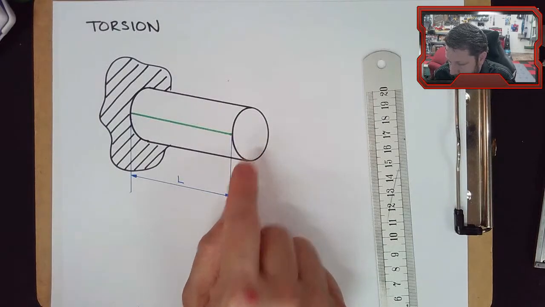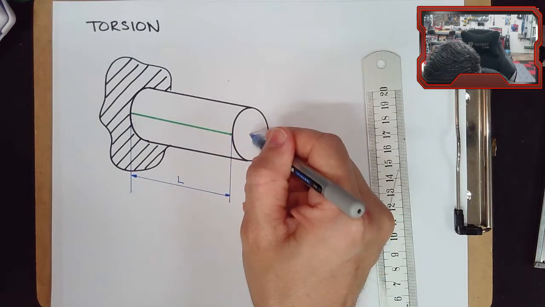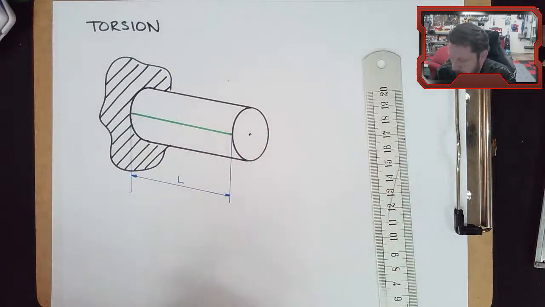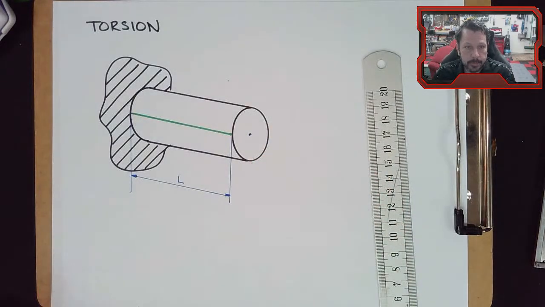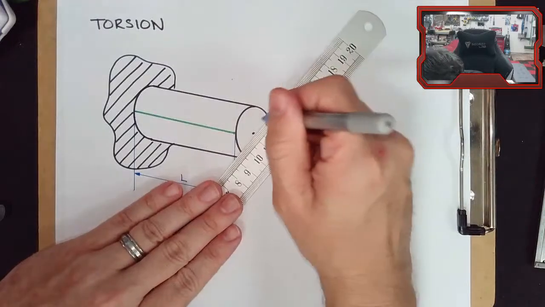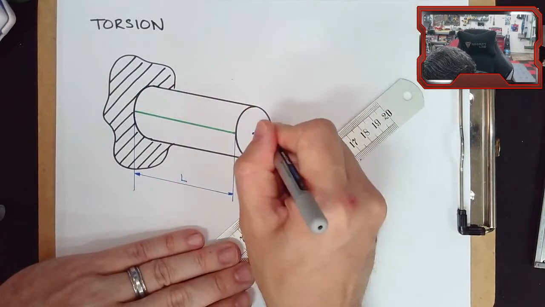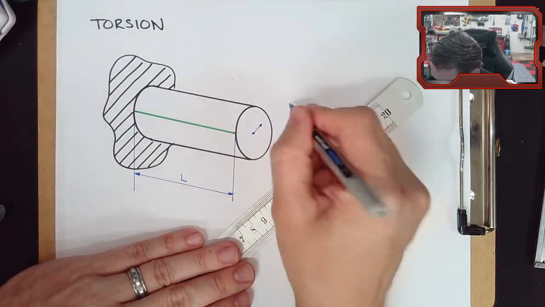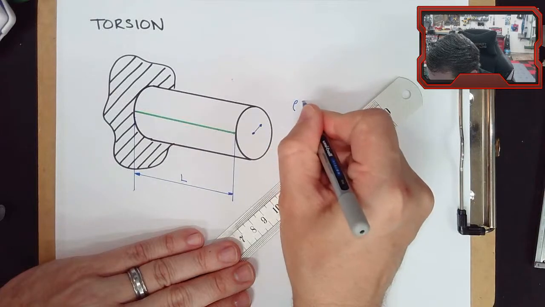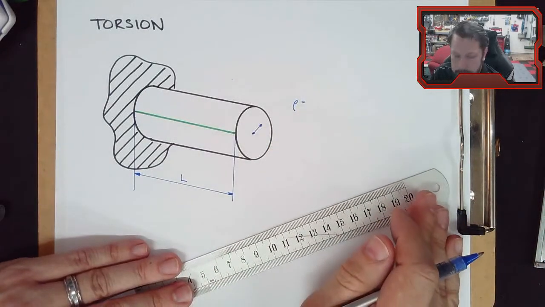Other things that we would need, let's find the center. Let's just say the center is right here. We're going to define one variable that is going to be the radial distance from this center. So let's just draw it over here somewhere. So some distance, and we're going to call that rho, and that's going to be the radial distance from the center.